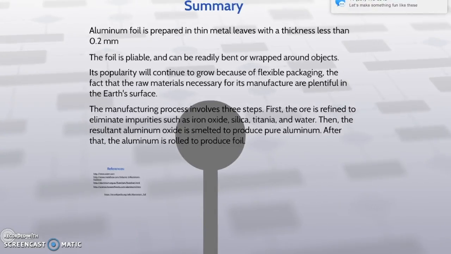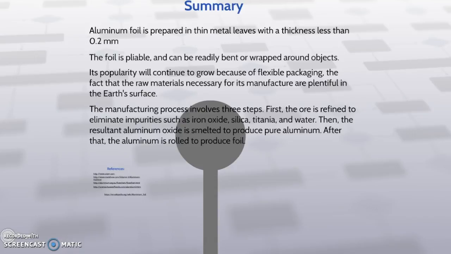In summary, aluminum foil is prepared in thin metal leaves with a thickness less than 0.2 millimeters. The foil is pliable and can be readily bent or wrapped around objects. Its popularity will continue to grow because of flexible packaging and the fact that the raw materials necessary for its manufacture are plentiful in the Earth's surface.